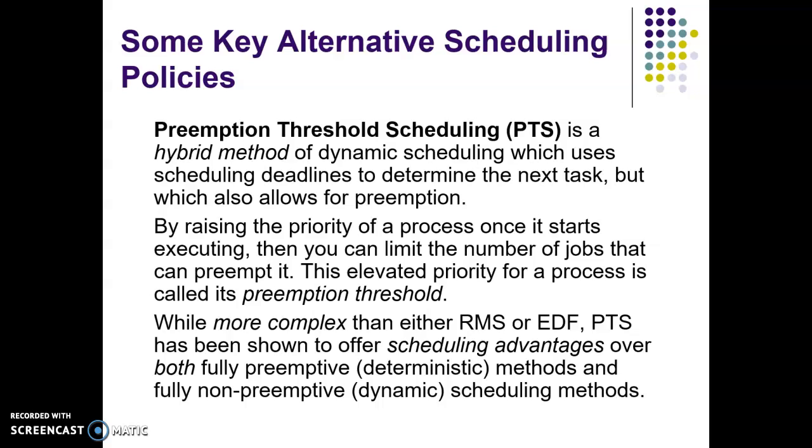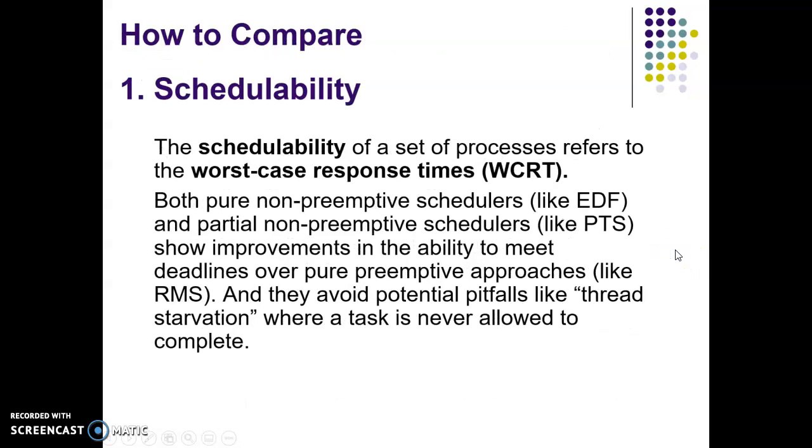This elevated priority for a process is called its preemption threshold. While obviously more complex than either RMS or EDF, PTS has been shown to offer advantages over both fully preemptive deterministic methods and fully non-preemptive dynamic scheduling methods. We will see this shortly.